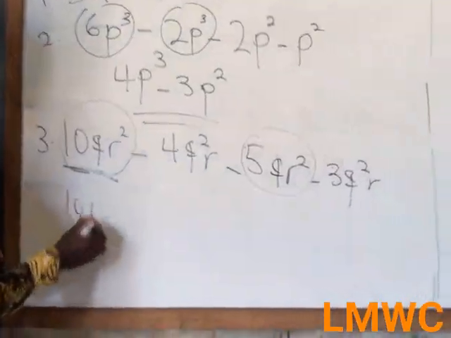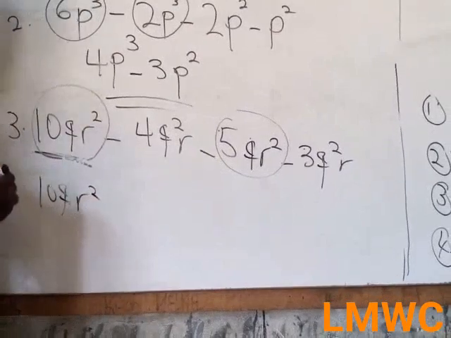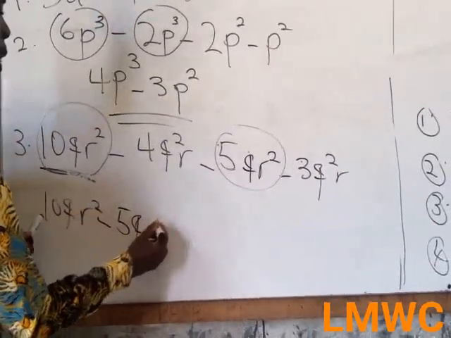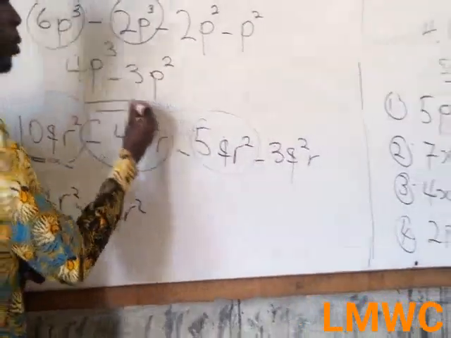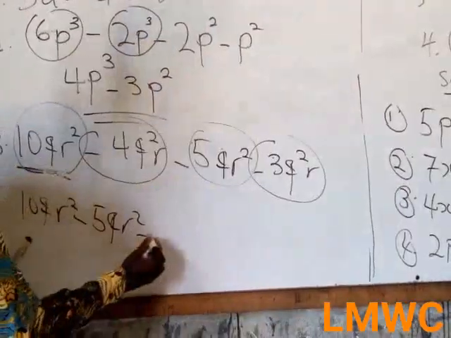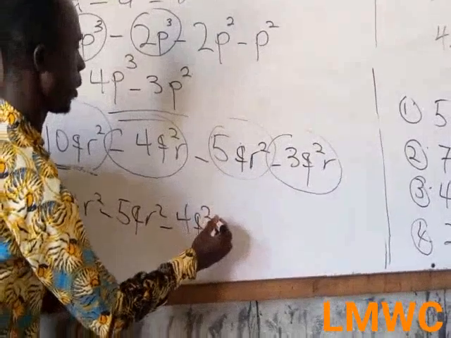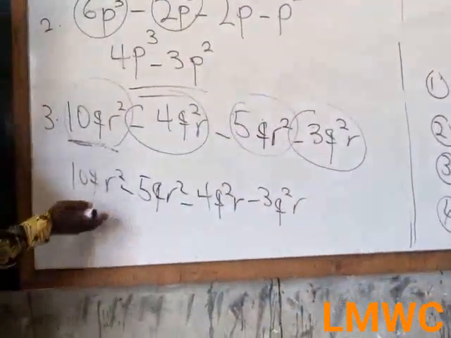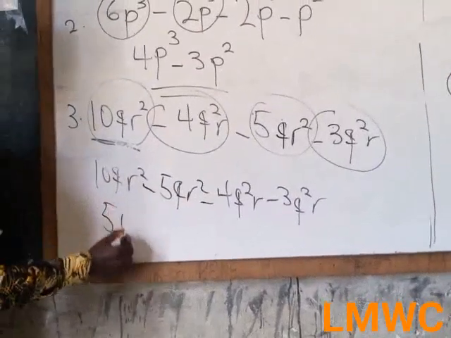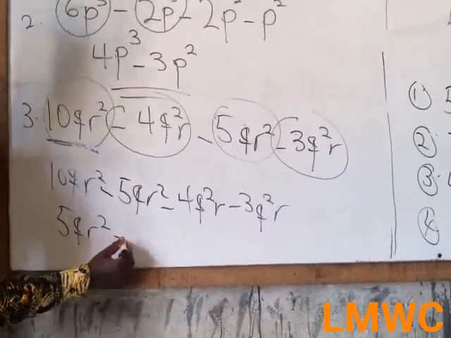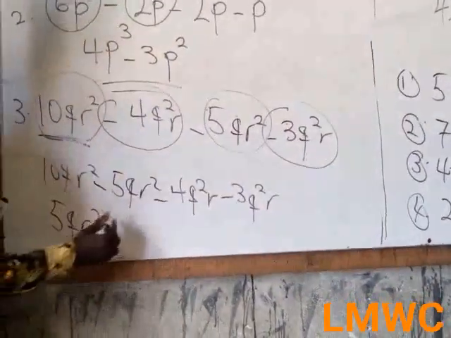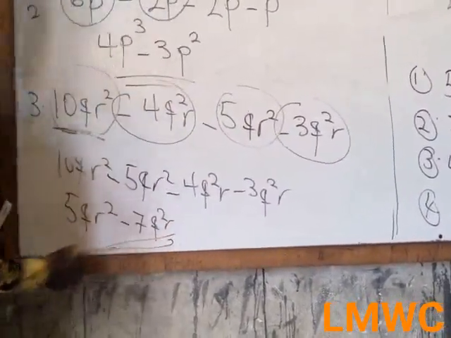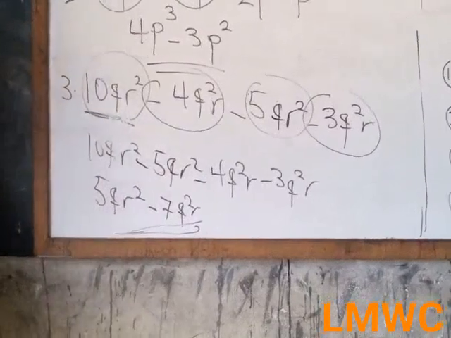So it's 10qr squared minus 5qr squared, and these two are like terms: minus 4q squared r minus 3q squared r. So this minus this we have 5qr squared, minus this we have 7q squared r. So I have simplified this expression.